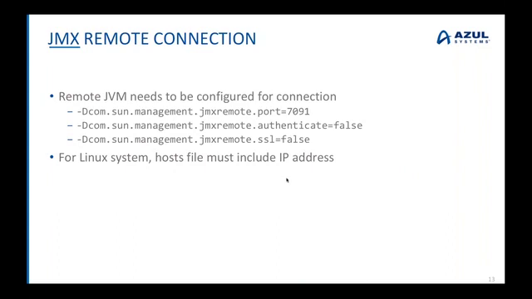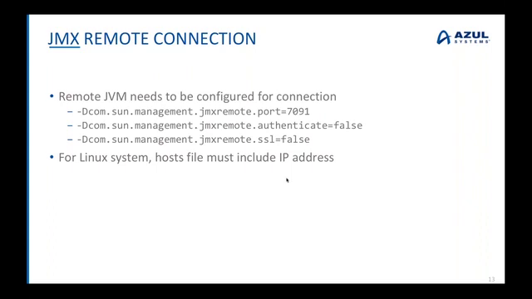In terms of remote connection, if you want to gather information from, let's say, something running on a server or something running in the cloud, then you do need to configure that JVM to enable mission control to interact with it. There are a couple of things you need to do. At the minimum, you need to configure a specific IP port that mission control can talk to on that IP address. In this case, I've used the default, which is 7091.